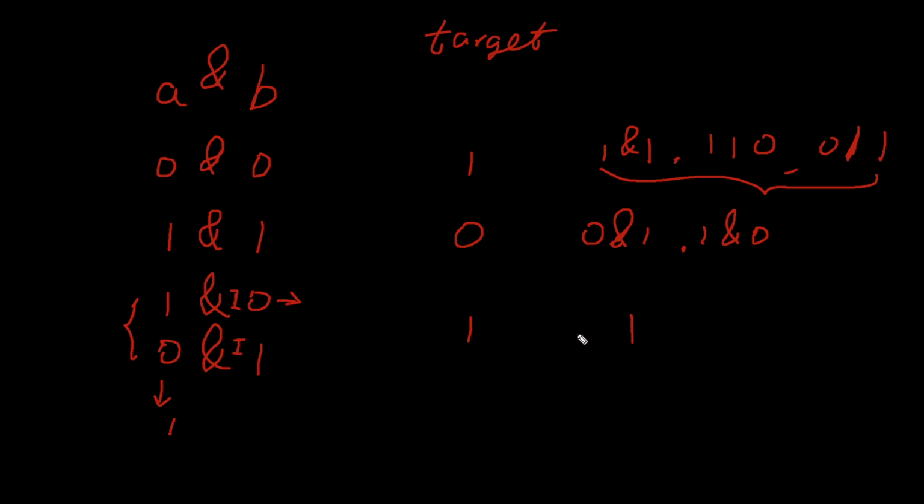The cost is 1 in this case, because we only need to change... actually, you know what? For this one, the cost will be 1, because the only option we'll be using here is to change this. Sorry, my mistake.